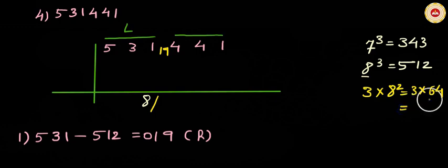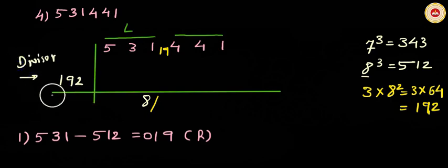Now let us calculate this. 3 4s are 12, write 2 carry 1. 3 6s are 18, plus carry 1, 19. 192. So 192 is divisor for this division. Okay, see, this is divisor. And how did we calculate this? See, this is digit A, correct? So 3 multiplied by A squared is this divisor.